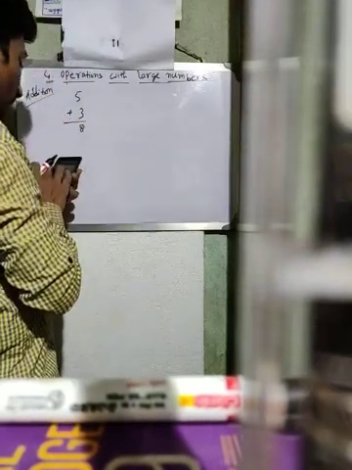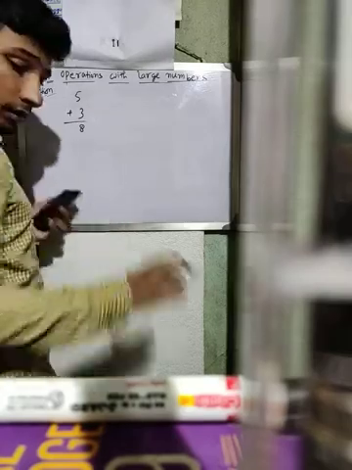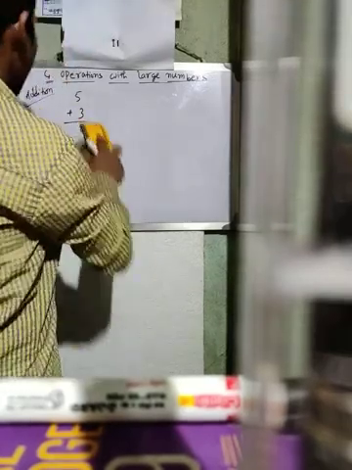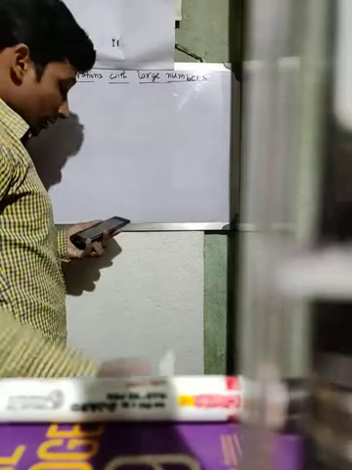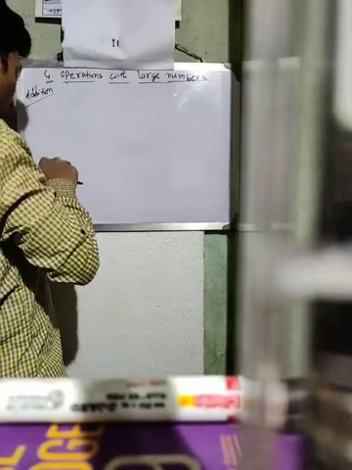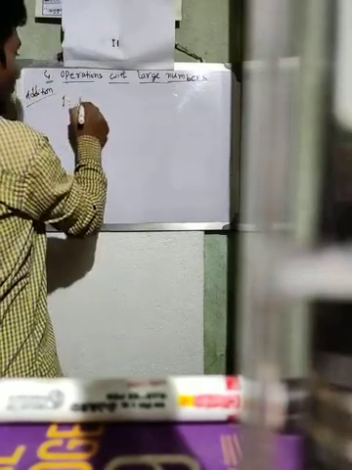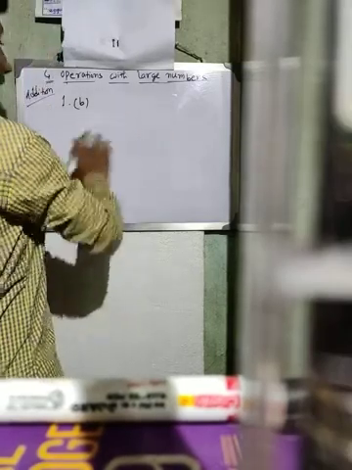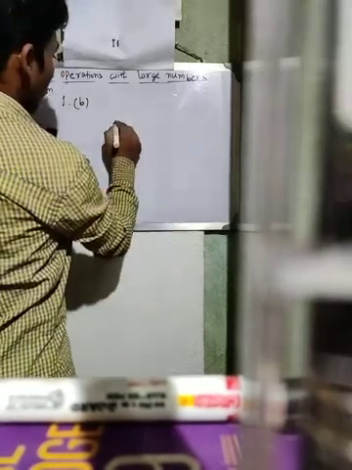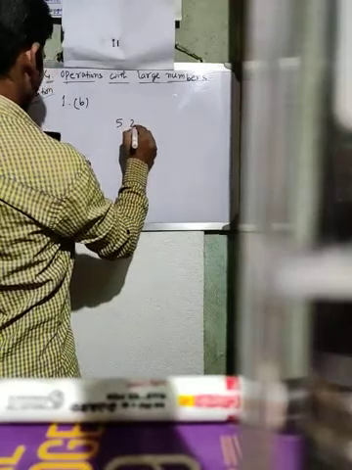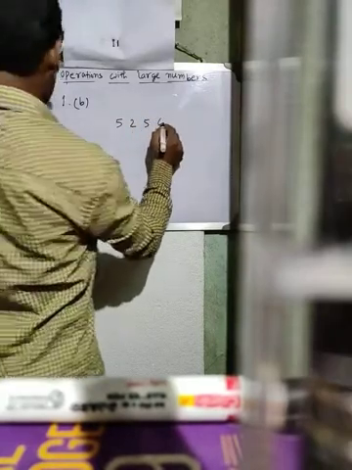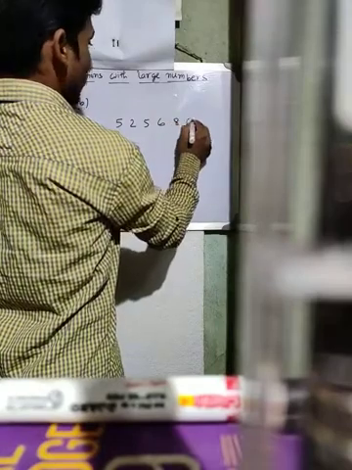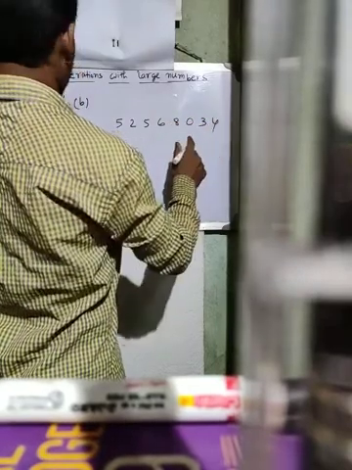For example, I am giving the example from the exercise so that you can do it easily. 1b. At first write the numbers. First number: 5, 2, 5, 6, 8, 0, 3, 4.